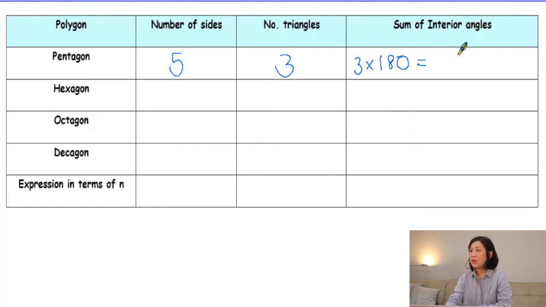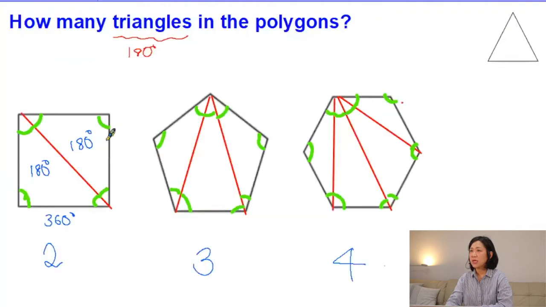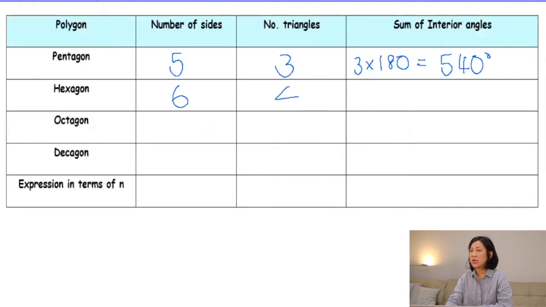That's why 3 lots of 180 gives 540 degrees. Hexagon, a 6-sided shape. How many triangles are in the hexagon? We know there are 4 triangles inside the hexagon. Then 4 lots of 180, that's 720 degrees, right?